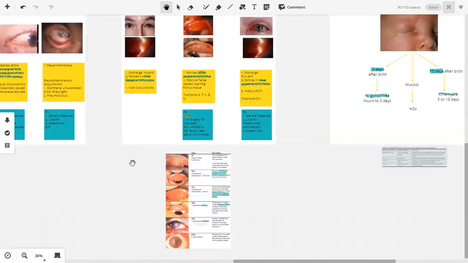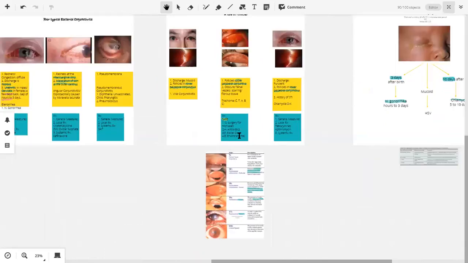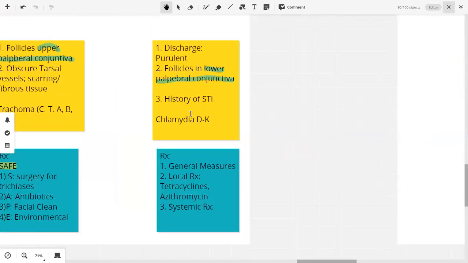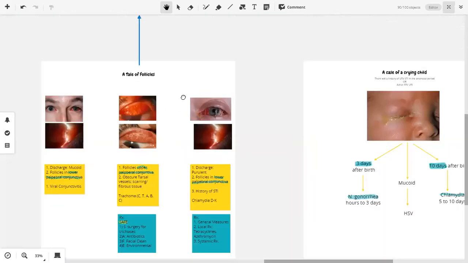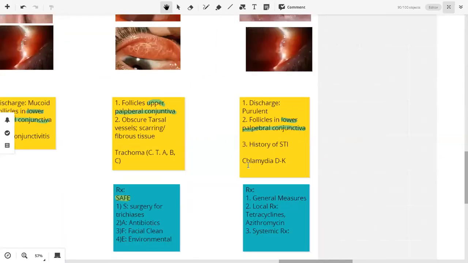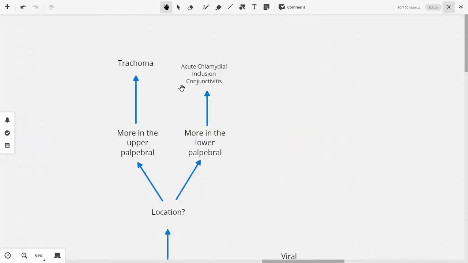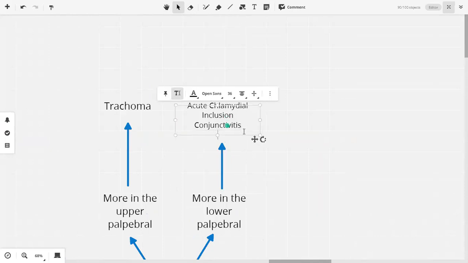Now there are a few things which I want to discuss in the last 3 minutes. This chlamydia trachomatis acute inclusion conjunctivitis is also known by another name. एक नाम तो हमने discuss कर लिया, that is acute chlamydial inclusion conjunctivitis. The other name, which is a buzzword, which is very much loved by examiners, is swimming pool conjunctivitis.